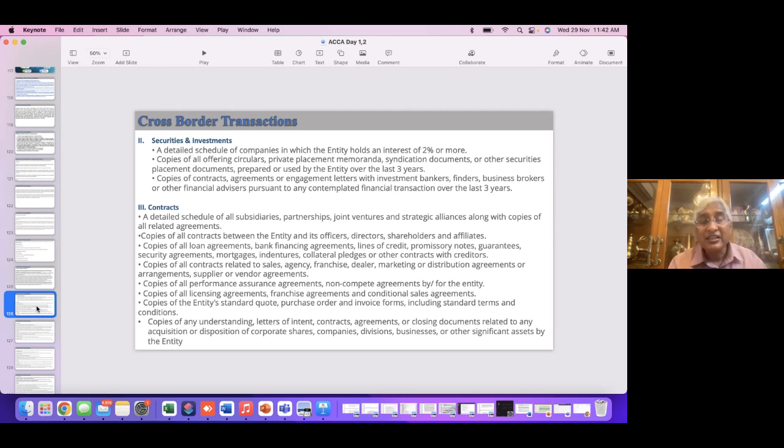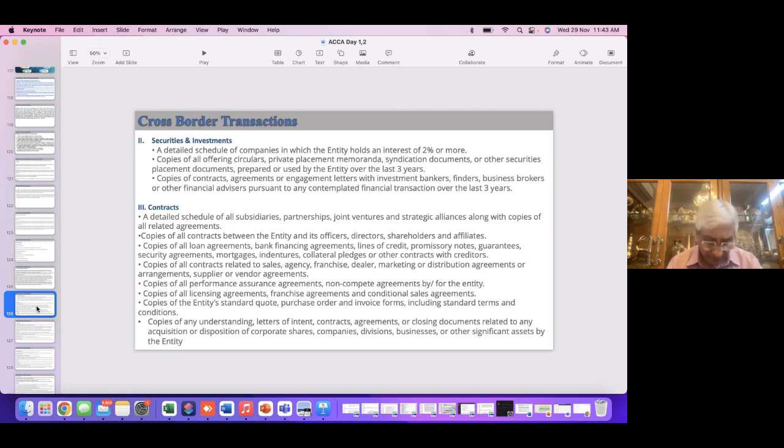Copies of all licensing agreements, franchise agreements, conditional sales agreements, copies of the entity's standard quote, purchase order, and invoice forms, including standard terms and conditions, copies of any understanding, letter of intent (LOI), contracts, agreements, closing documents related to any acquisition or disposition of corporate shares, companies, divisions, business, or other significant assets by the entity.